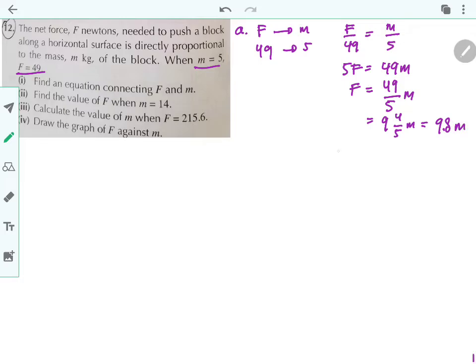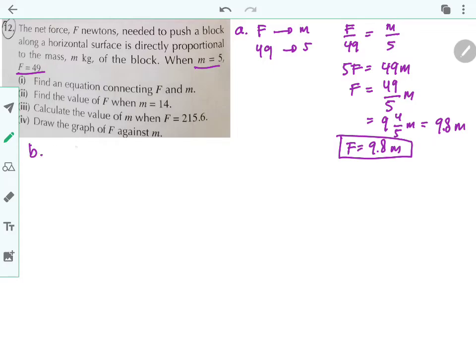Okay, so F equals 9.8M. Okay, it looks like the gravity. Okay, now let's go with B.